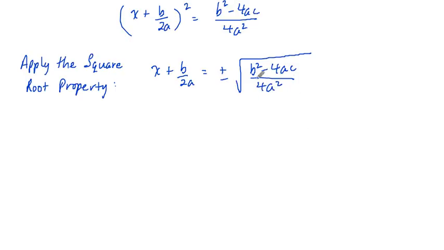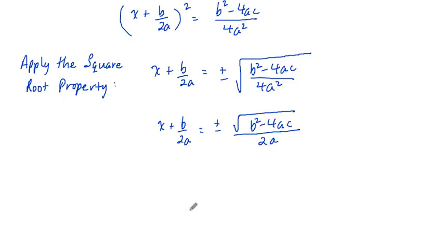Now I cannot do the square root of the numerator, but I can do the square root of 4a squared. That is 2a. So I've got x plus b over 2a equals plus or minus the square root of b squared minus 4ac all over 2a.